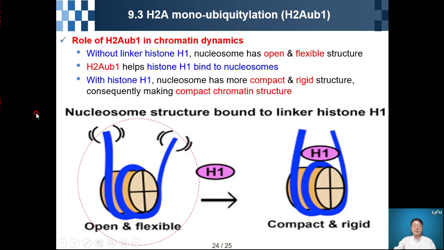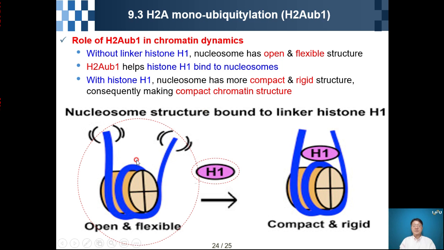However, H2A UB1 helps histone H1 bind to the nucleosome. Especially, H2A UB1 helps histone H1, this is histone H1, bind to the nucleosome.